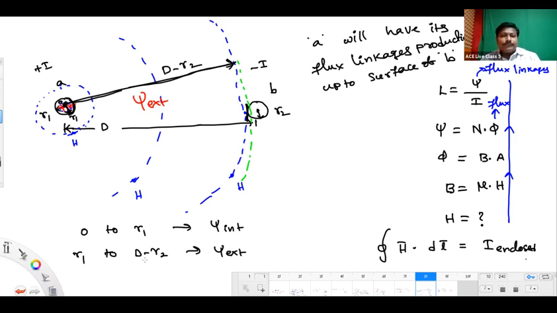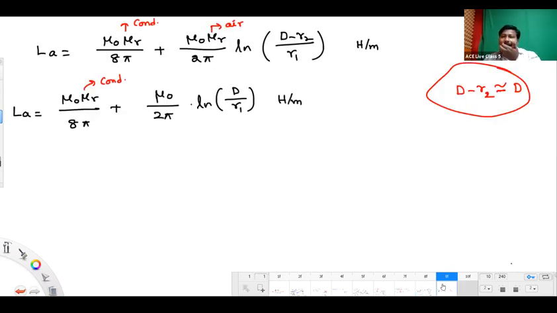Getting, Naveen? Yeah. So the conductor is made of aluminum, and that aluminum material also has relative permeability as 1, and we will keep that, and we will try to modify this equation LA further.